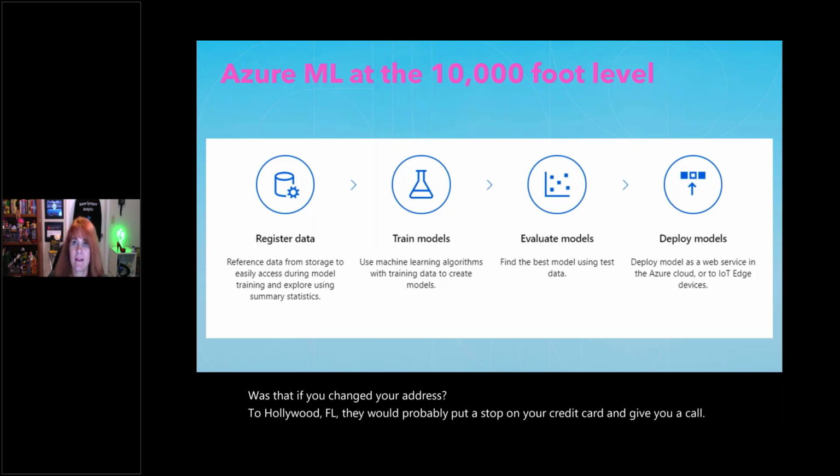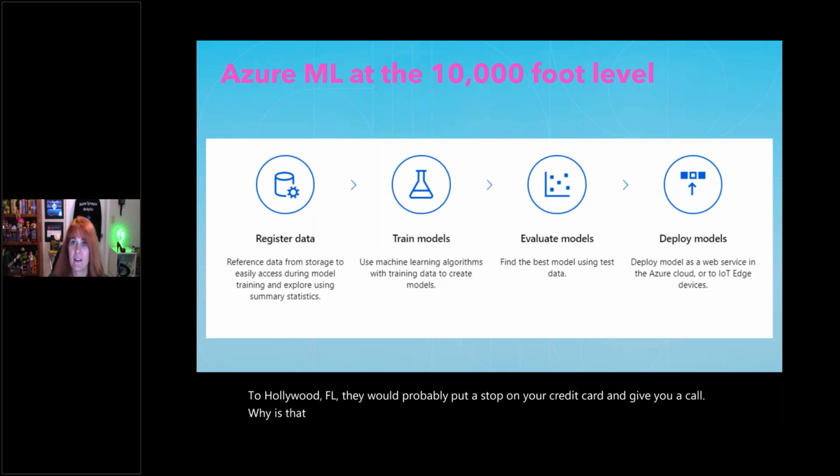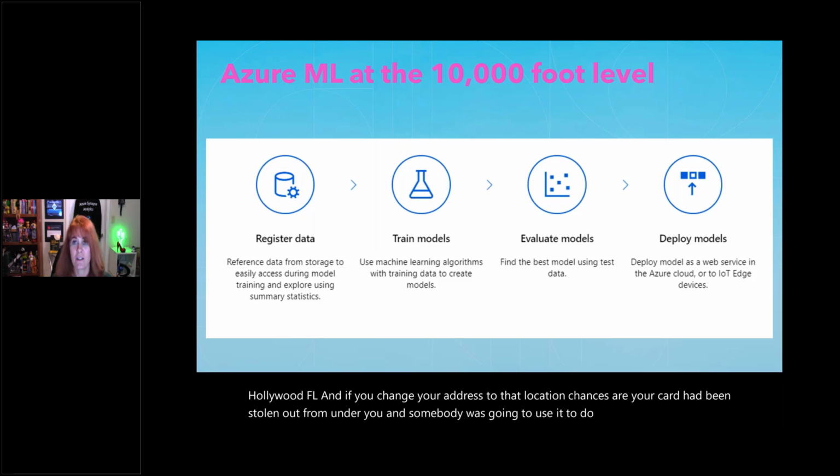Why is that? Well, because there was a large gang of organized criminals operating out of Hollywood, Florida. And if you changed your address to that location, chances are your card had been stolen out from under you and somebody was going to use it to do fraudulent charges.